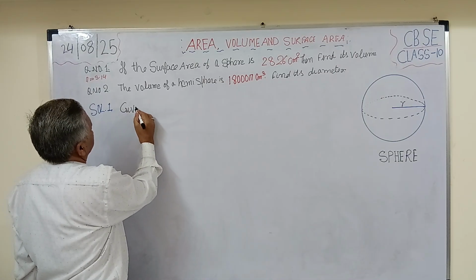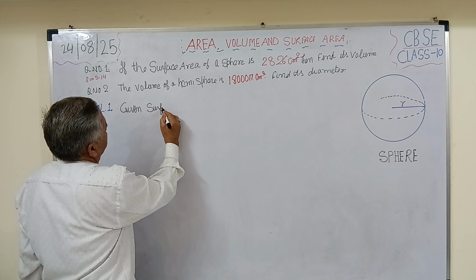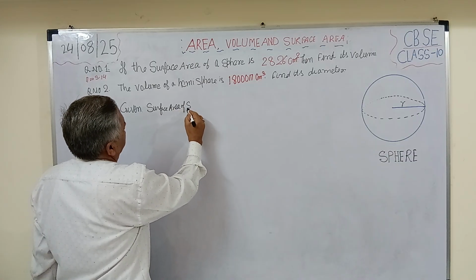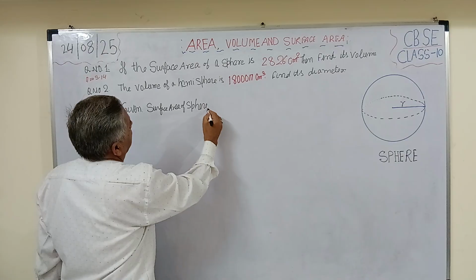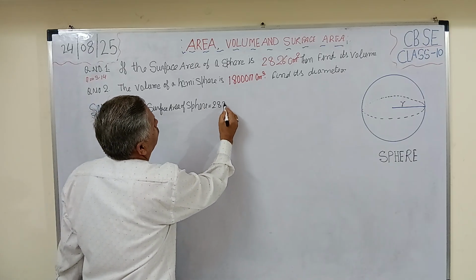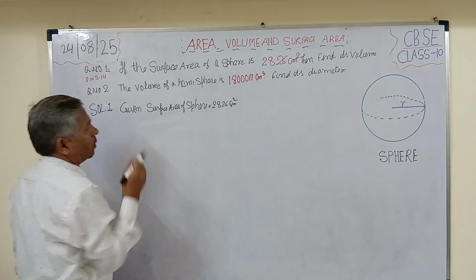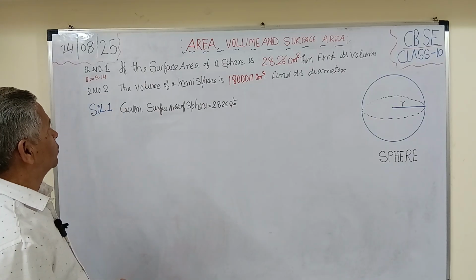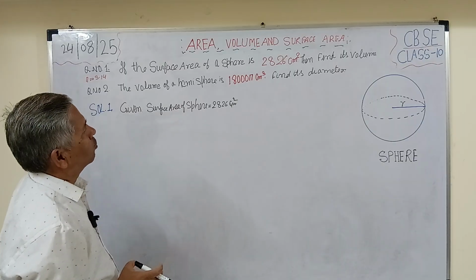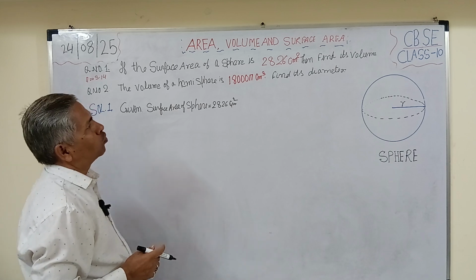Given: surface area of sphere equals 2826 centimeter square. Now we have to find out its volume. With this surface area of a sphere, we can find out the radius and then we will go for finding out the volume of the sphere.